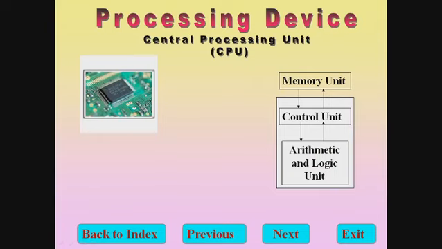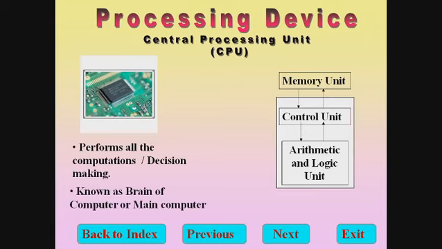Processing device. Here you can see a picture. This is known as the central processing unit or microprocessor. It performs all the computations and decision making, and as it performs the main work, that is computation, it is known as the brain of the computer.